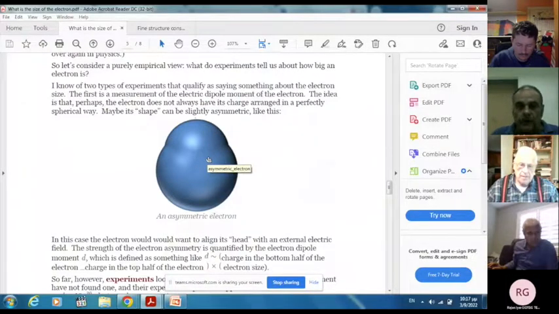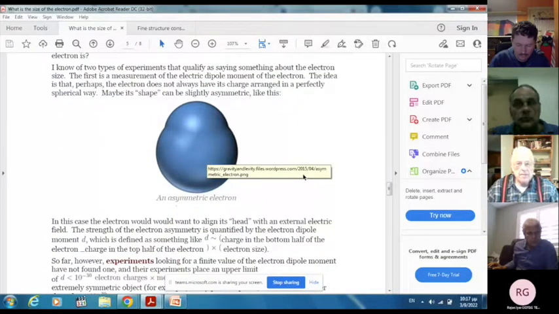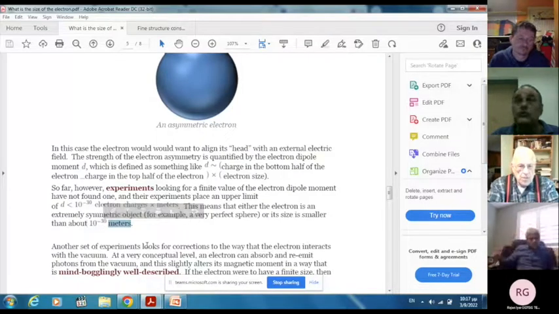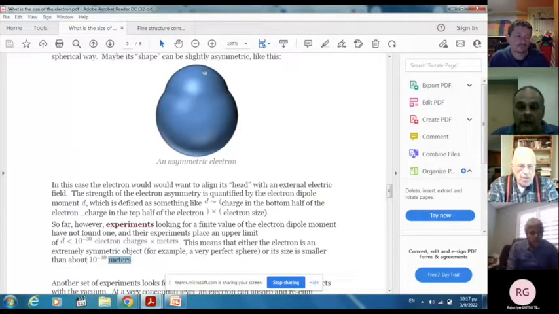So far there are two experiments. The latest was the ACME 2 experiment back in 2018, and they put an upper limit at 10 power of minus 30 meters. They cannot find any anisotropy. One of the conclusions was, since we cannot find any anisotropy, that means two things.